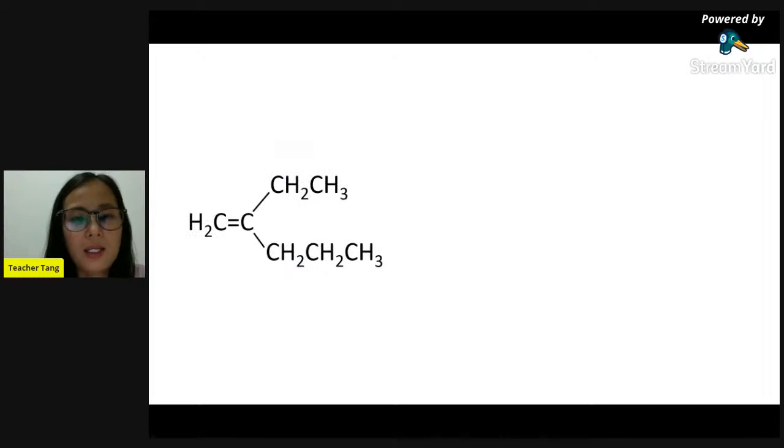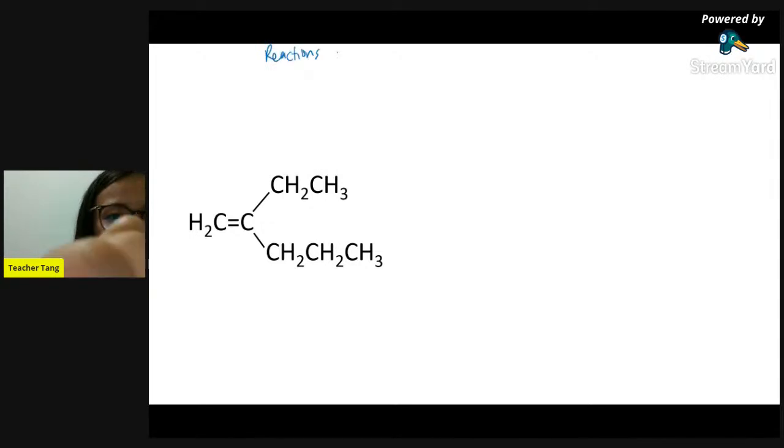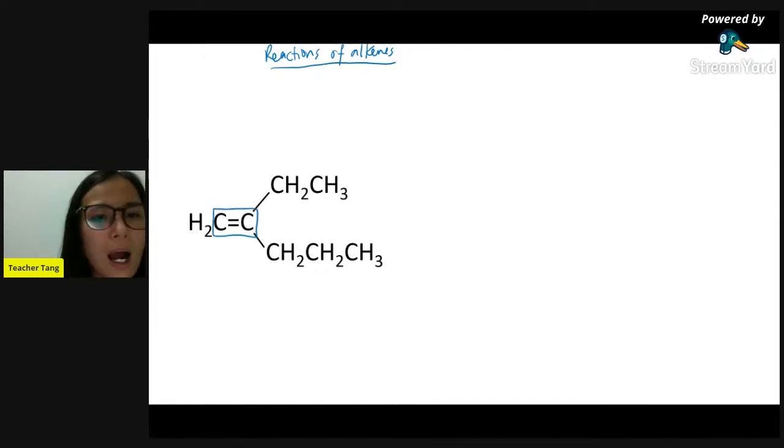And then in the Wednesday class, we looked at the reactions of alkene. Where do the reactions of alkene take place? At the carbon-carbon double bond. Why? Because the carbon-carbon double bond is electron rich.